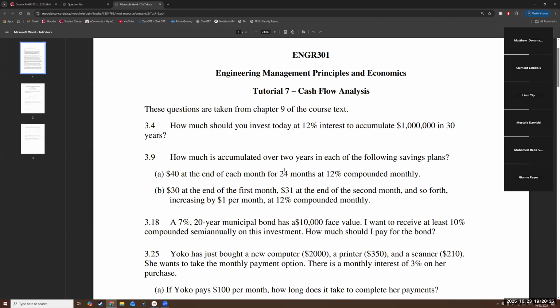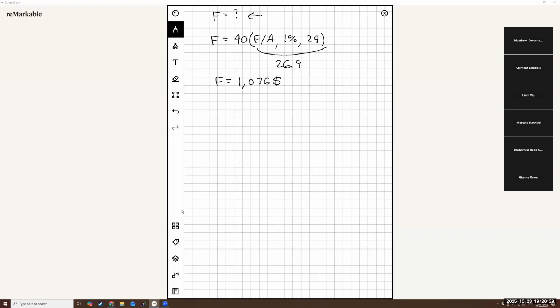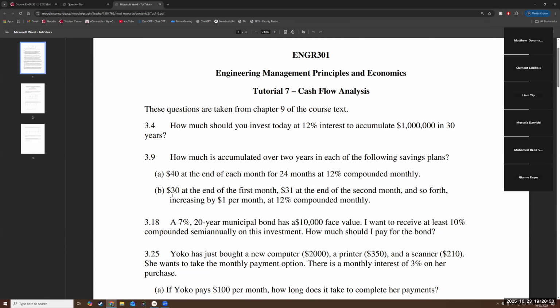You have 24 periods. So let's start by writing that information. So I have once again 1% and 24 periods. However, what is different is instead of getting $40 in the month, we get $30 for the first month, and then every other month it increases by $1.